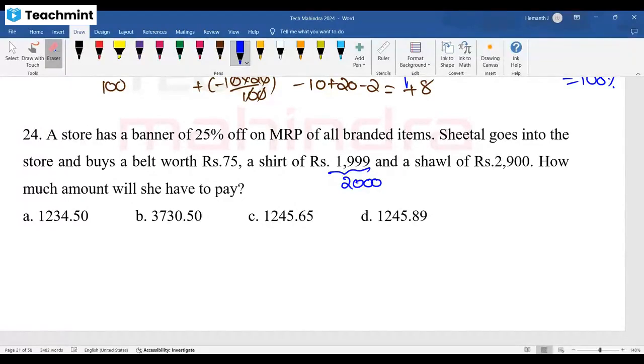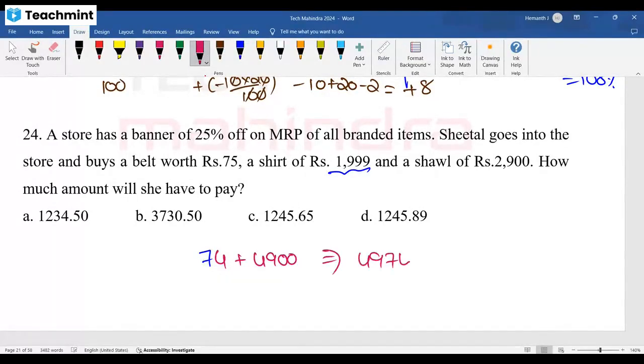There are no options close enough, but these two options are very close, so we'll proceed with 1,999. How much money does she have to pay? I'll take 2,000 for easy calculations, plus this one, 4,900, means 4,974.